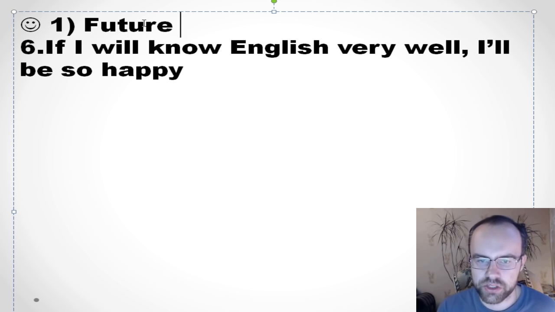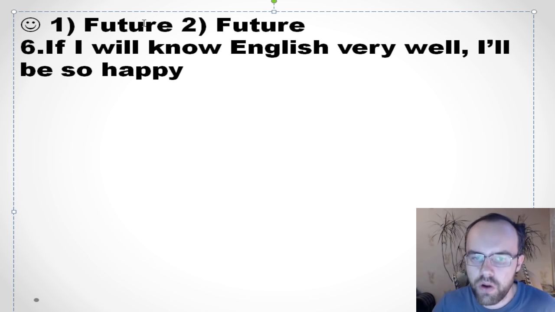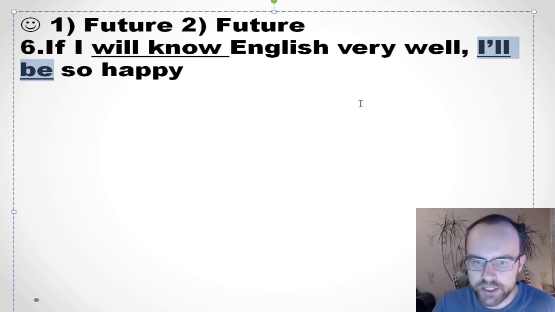The first part is about the future, and the second part is about the future too. And you want to use future simple and future simple. But there is a mistake. So you can't say it this way.